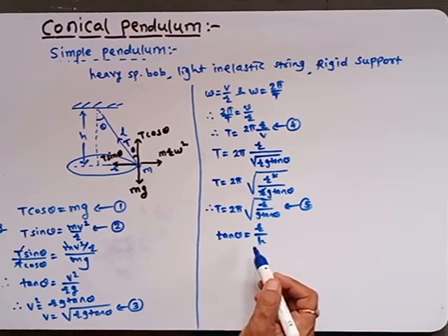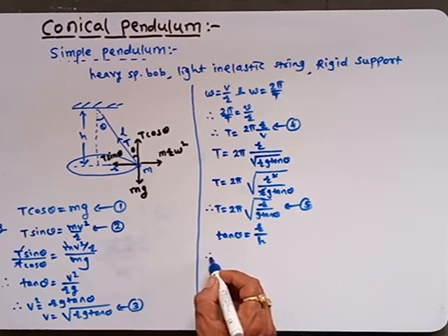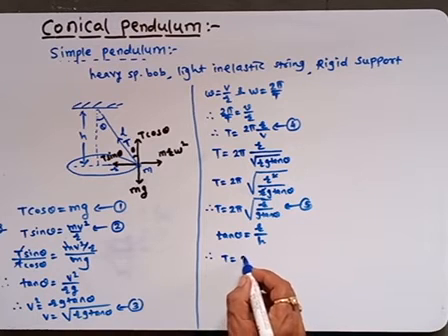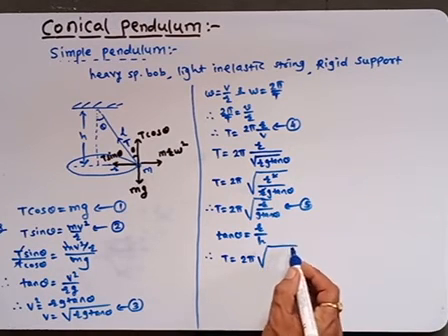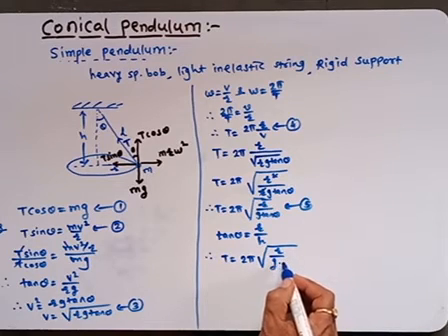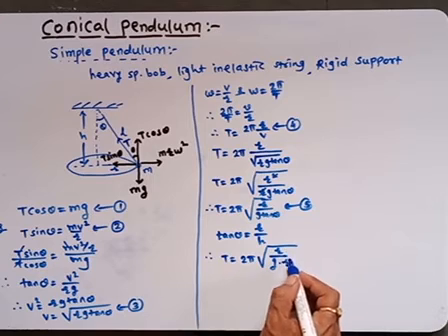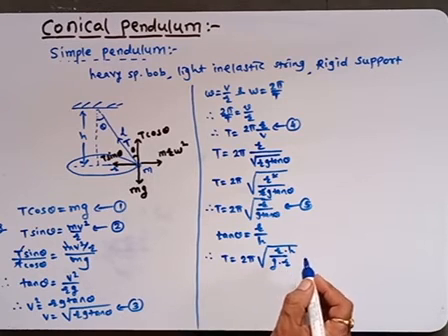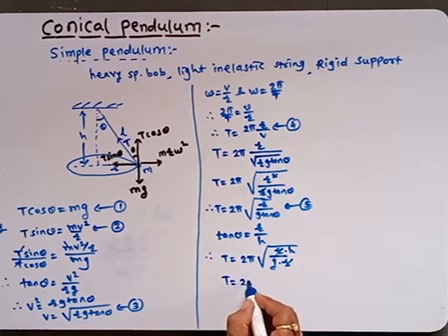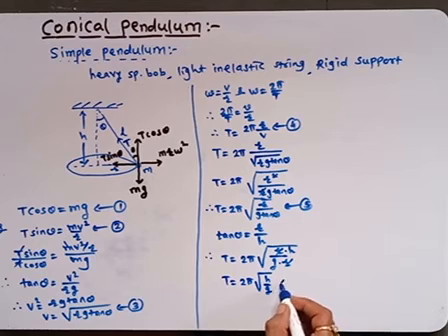Therefore tan theta is equal to r upon h, and therefore T is equal to 2 pi square root of r upon g as it is, and instead of tan theta we write r upon h, and again r gets cancelled. Therefore T is equal to 2 pi root h upon g. This is equation 6, and this equation 6 gives the period of the conical pendulum.